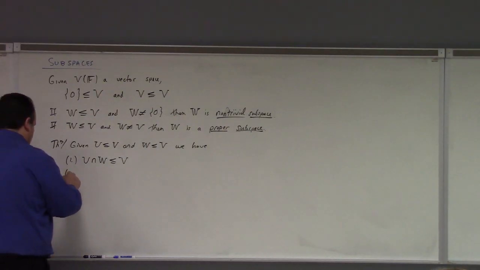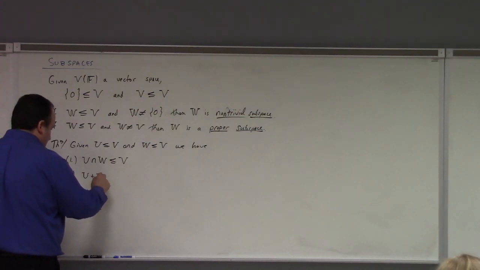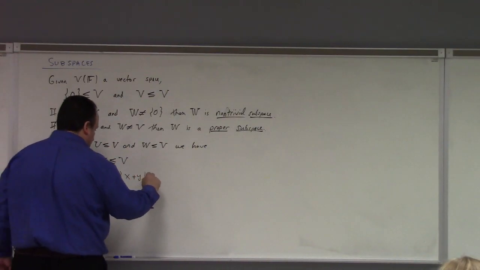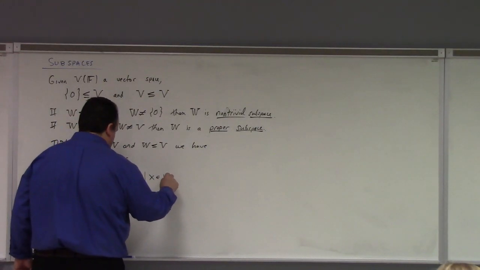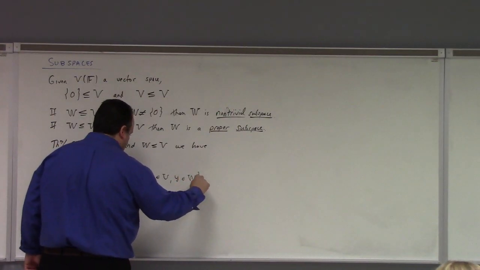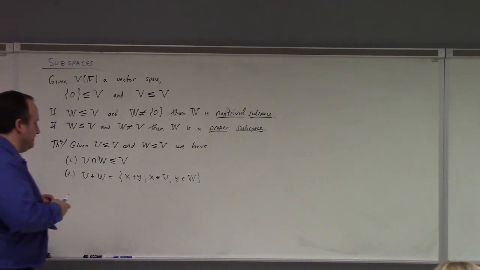And number two, U plus W means the set of X plus Y such that X is an element of U and Y is an element of W. This is called the sum of the subspaces. And guess what? The sum of two subspaces is, you guessed it, a subspace.